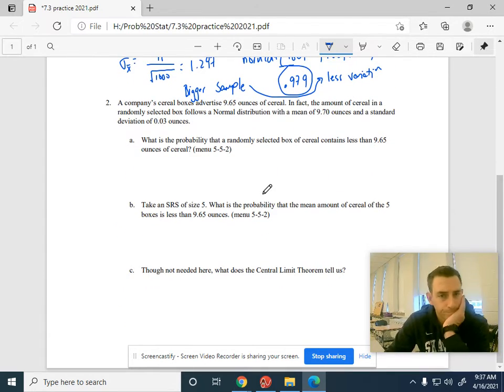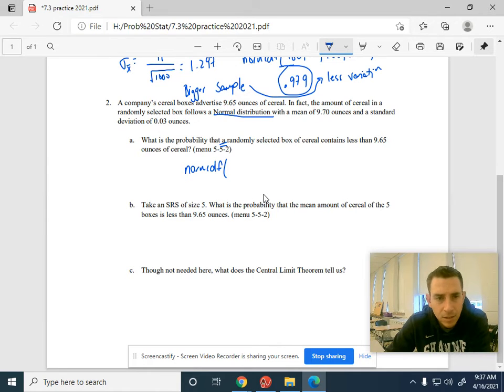All right, number 2. Again, we're told here that it's normal. All right, that helps out a lot. What is the probability that a randomly selected box of cereal contains less than 9.65? Okay, so that means just norm CDF right away. We don't have to change anything here.